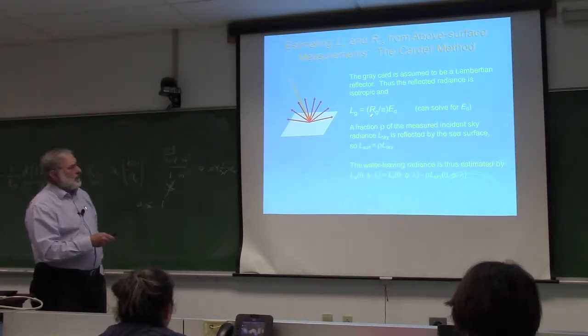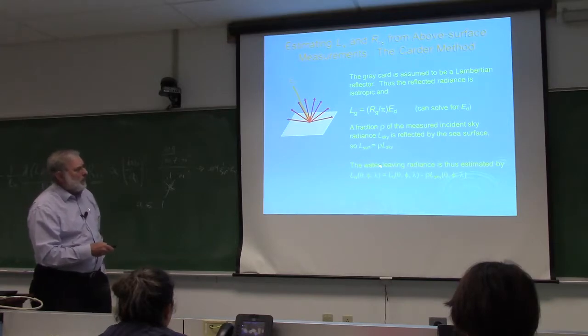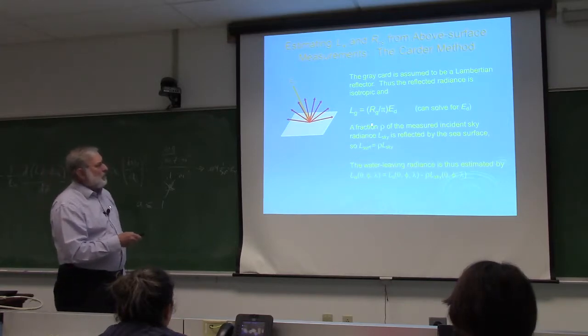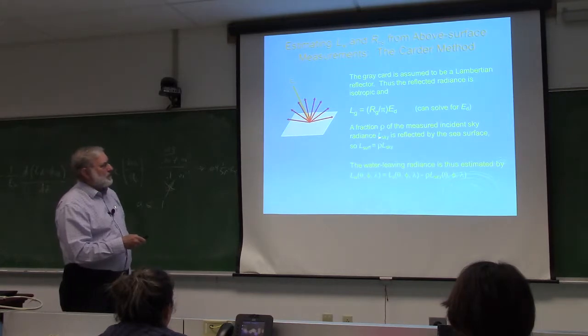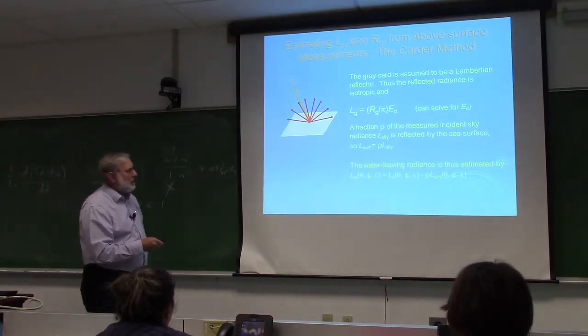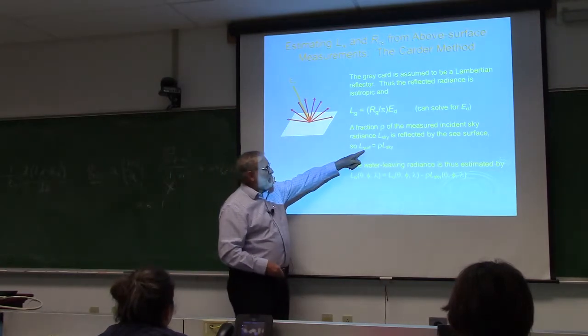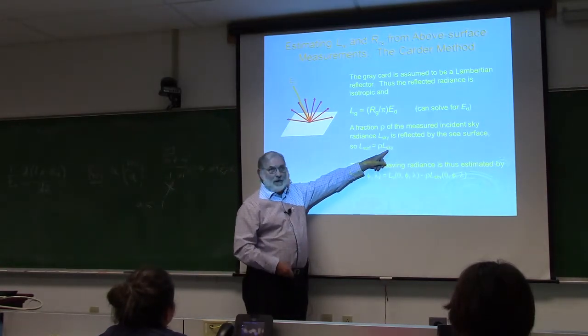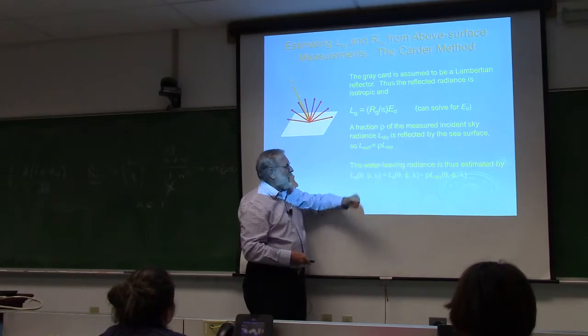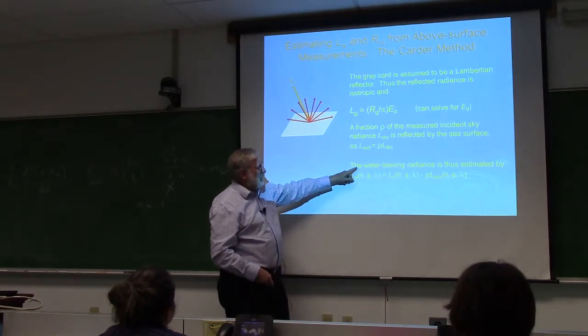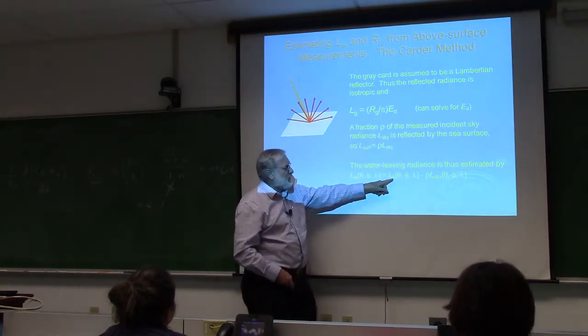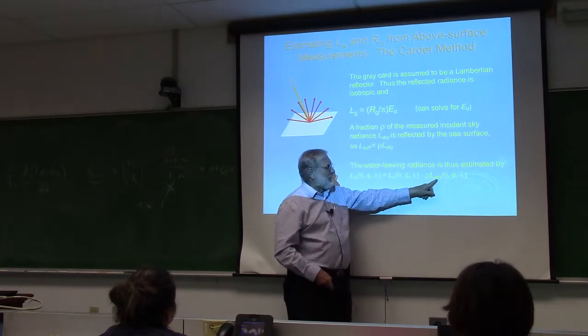Somewhere we come down here to get the surface reflectance. As you guys have learned, what's reflected off the surface is some fraction of what you measured looking at the sky. Then you can get the water-leaving radiance as the measured minus the surface reflected.